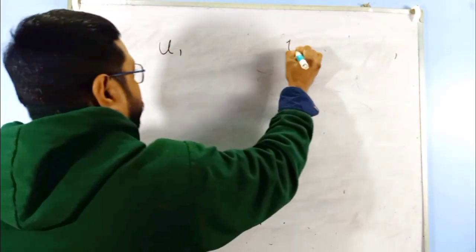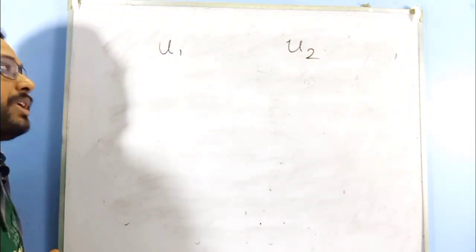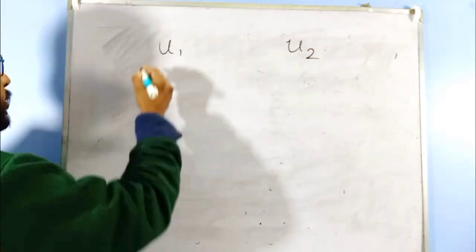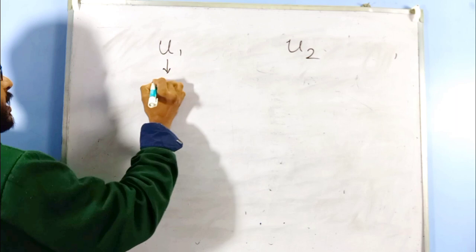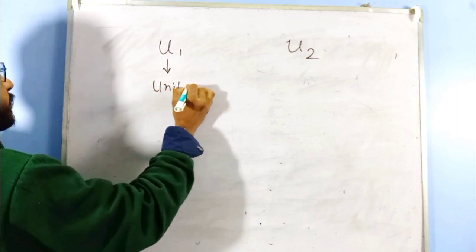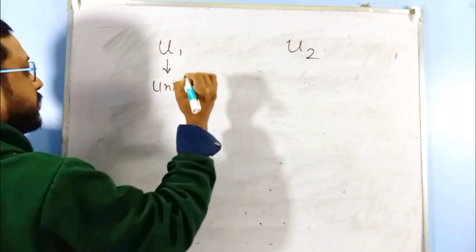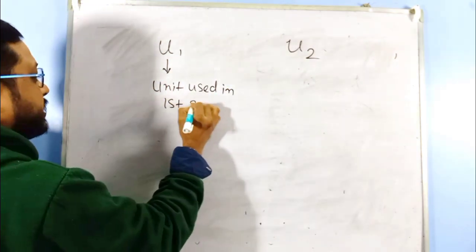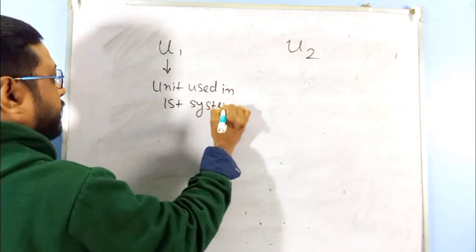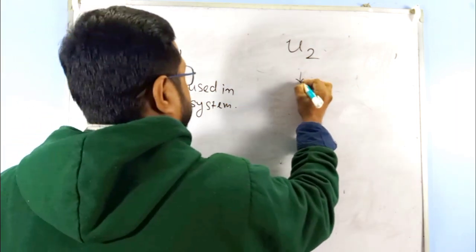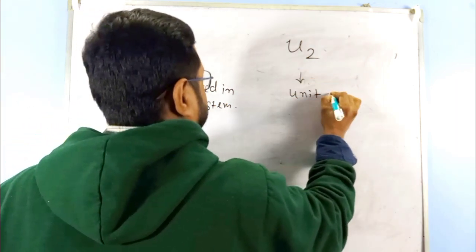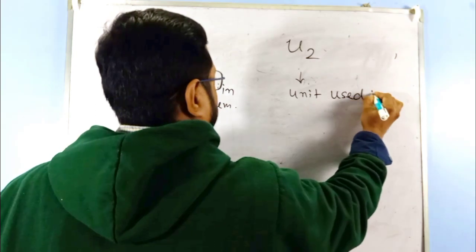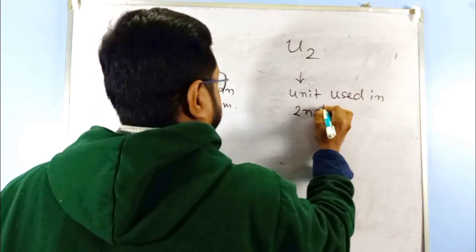U1 and U2 are the units used. U1 is the unit used in the first system, and U2 is the unit used in the second system.